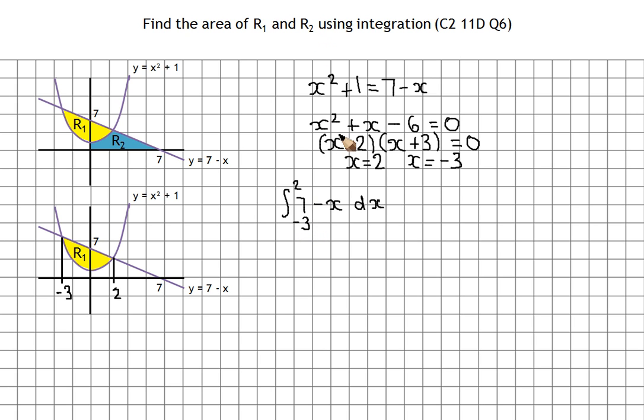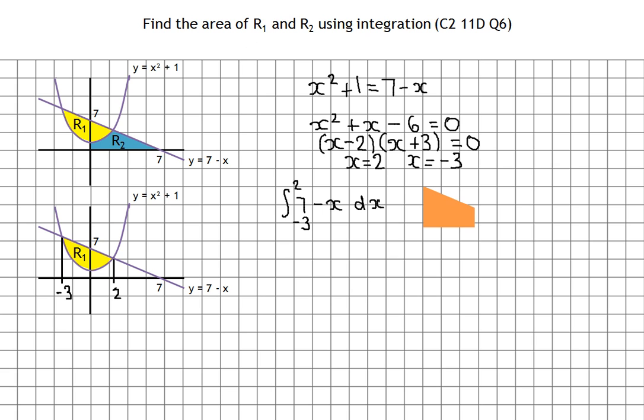When we work that out, that's going to give us the area that looks like this. So if we carry out this integration, it's going to give us this orange area here. It's going to give us the area under the line y equals 7 minus x between minus 3 and 2.